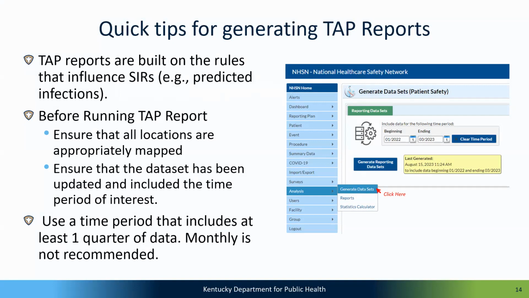So it's always a best practice to go into NHSN and generate a data set, making sure the period of time that you're wanting to look at is included within that data set. We recommend always using a time period that includes at least 1 quarter's worth of data. Monthly data is typically not recommended by CDC when generating TAP reports.